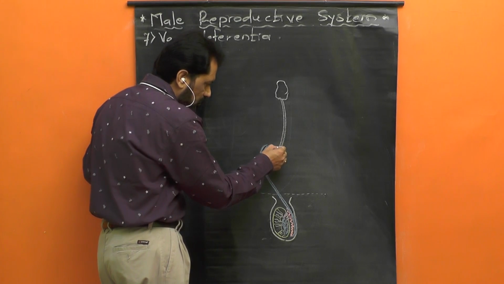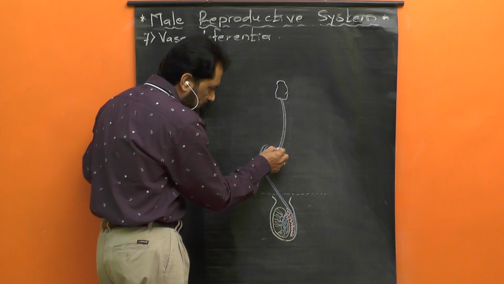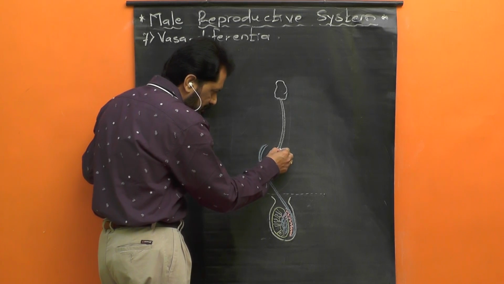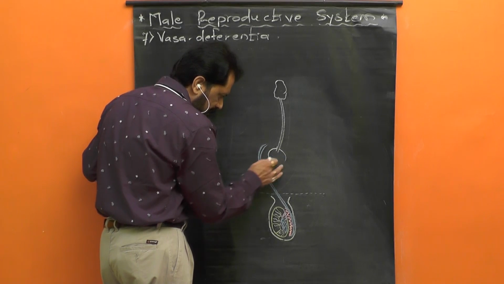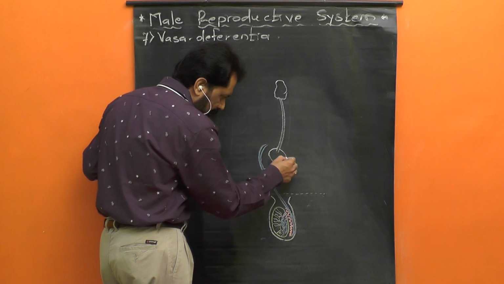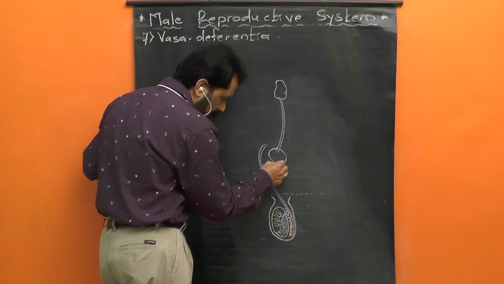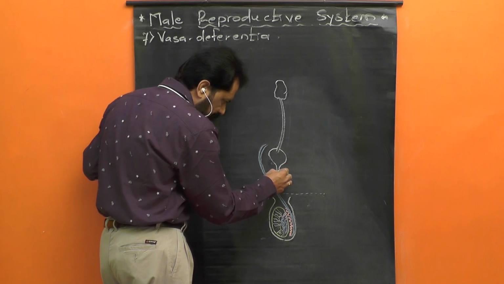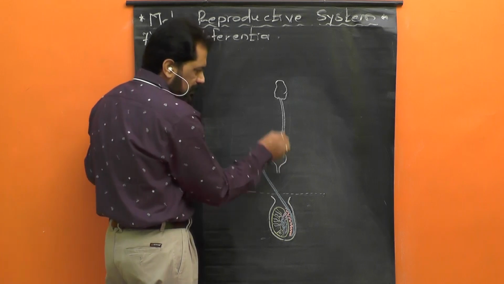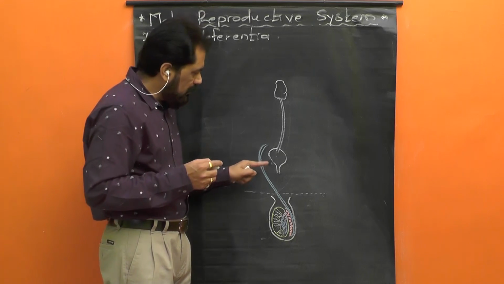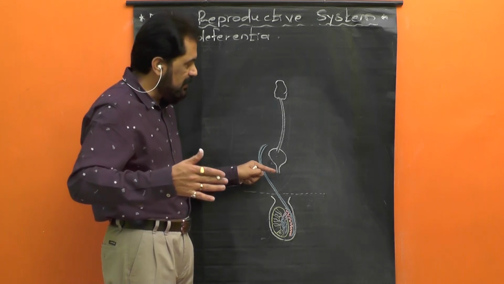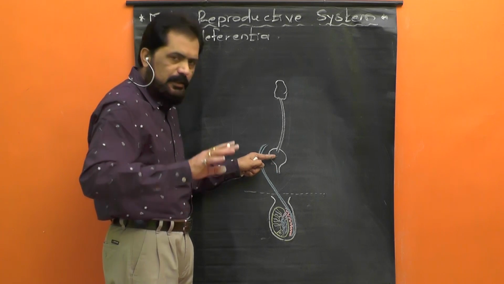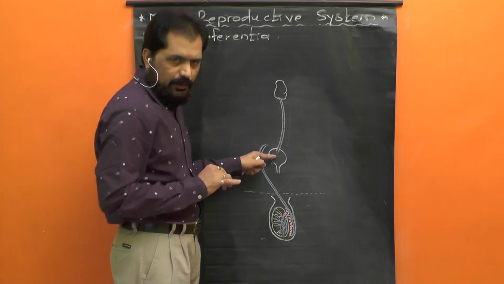You know that ureters open into the urinary bladder, isn't it? We have studied in 11. So here is supposed to be the urinary bladder. Is that clear? This is urinary bladder, and we know here is the urethra, isn't it? Urethra, which carries urine from urinary bladder to outside the body.